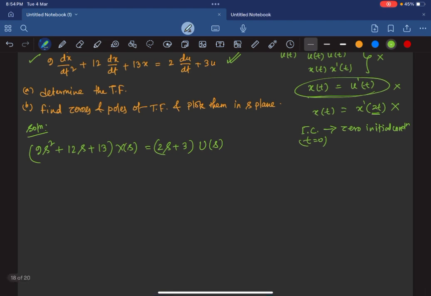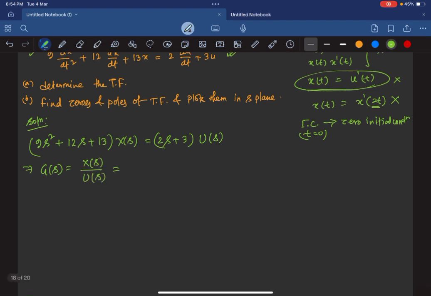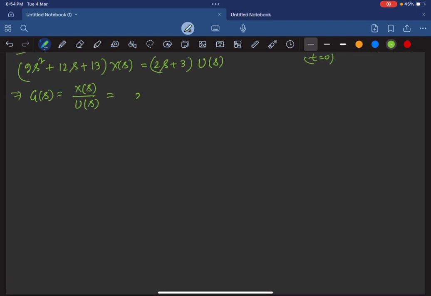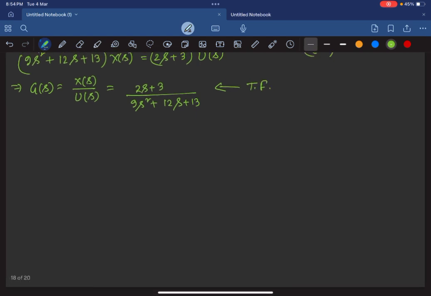It is understood that X(s) means the Laplace of x and U(s) is the Laplace of u. So from here G(s) is given by X(s) by U(s). If you write this, immediately you are going to get (2s plus 3) by (9s square plus 12s plus 13). This is the required transfer function.